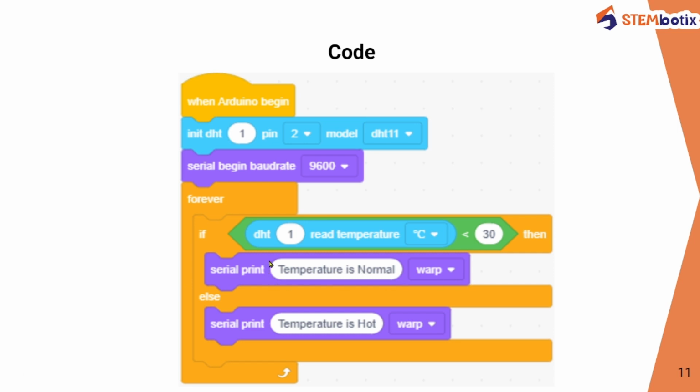The output should be that yes, the room temperature is normal. So we have written that. And if the temperature is more than 30, then it should print that the temperature is hot. So this is how you can interface this particular DHT11 sensor and do the coding for this.